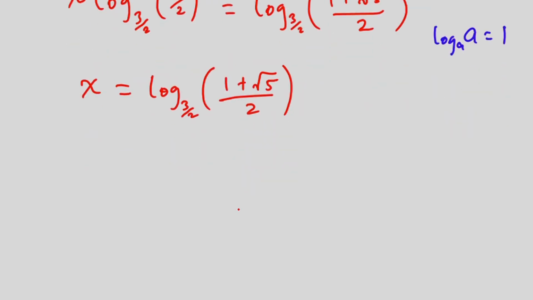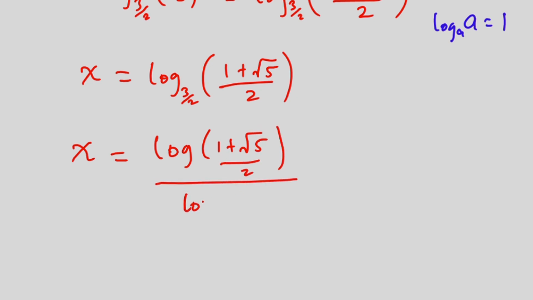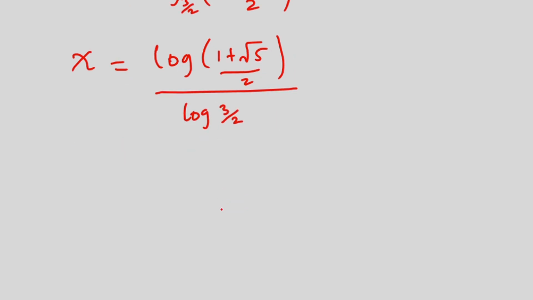And we can simplify this further. We can write this as x is equal to log base 10 of (1 + √5)/2, divided by log base 10 of 3/2. That is change of base, right? We have changed all the bases to base 10.